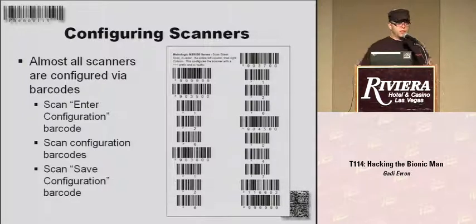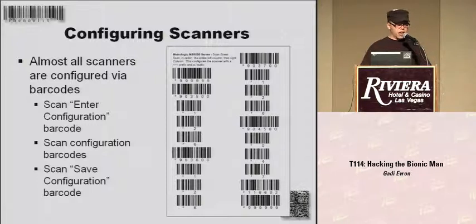So what happens is this. You have a special enter-configuration-mode barcode that ships with every scanner. You scan this barcode, and then it goes into config mode. And then you can scan other barcodes that change the configuration, like the output character set to Japanese or something. And then you scan an end-of-configuration barcode, and it gets saved to the scanner.